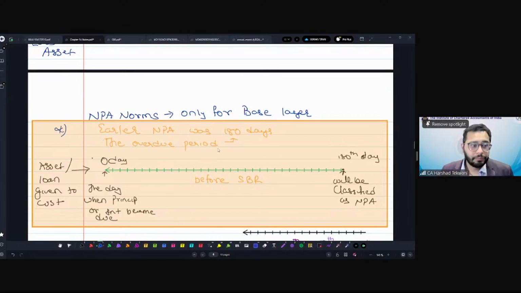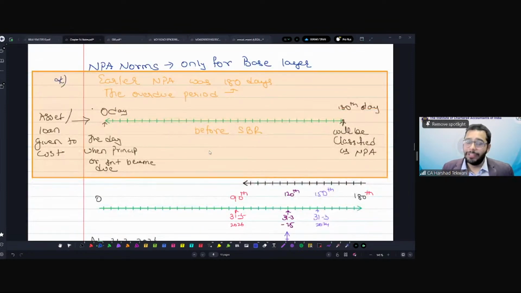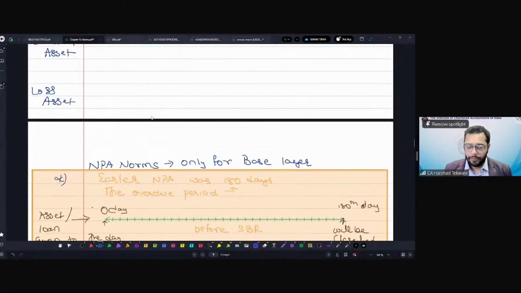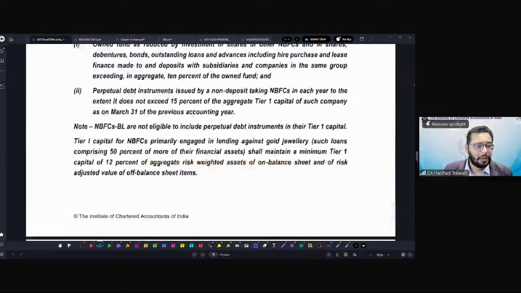See, earlier, before scale-based regulations, NBFCs were classified in different categories. I'll just give you an overview. Before scale-based regulations, you will see this particular classification. It may be in your module, study material also.